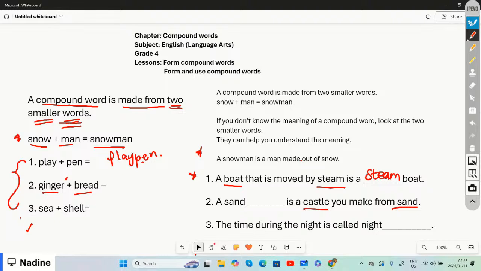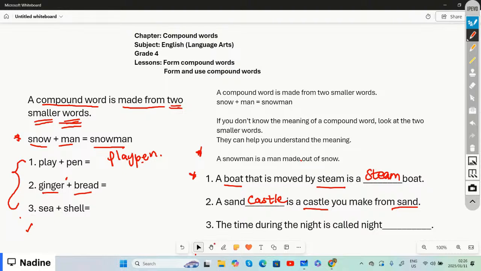Yes, well done. So a sand, we can say a sand castle is a castle you make from sand. Well done. So a sand castle is a castle you made from sand.